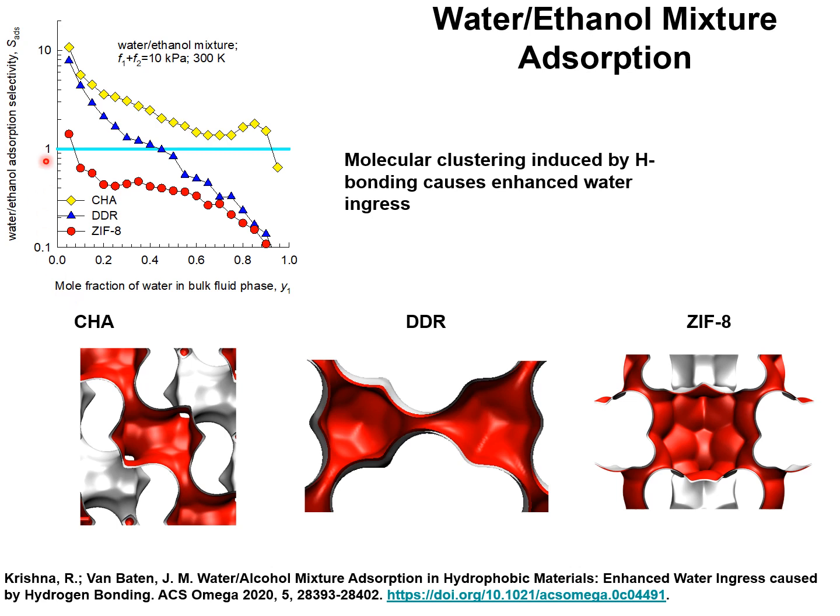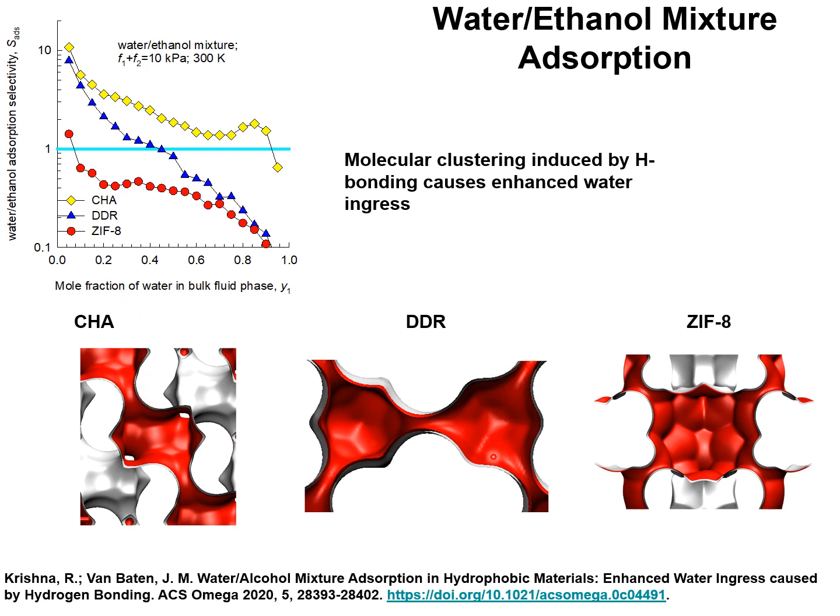And the selectivity is plotted as a function of mole fraction in the bulk fluid phase mixture Y1. The data is generated from configurational bias Monte Carlo simulations of water ethanol mixtures in Chabasite, shown here, which is a cage window structure with windows of approximately 3.7 angstrom.